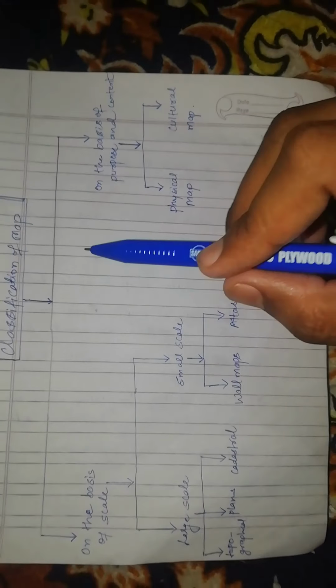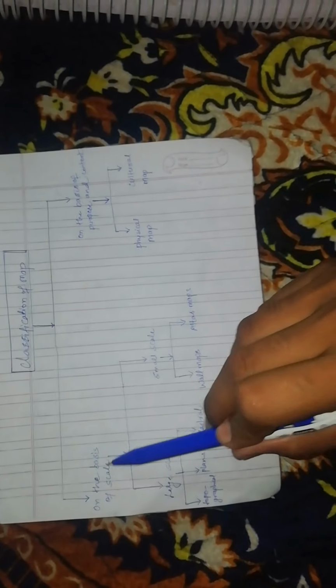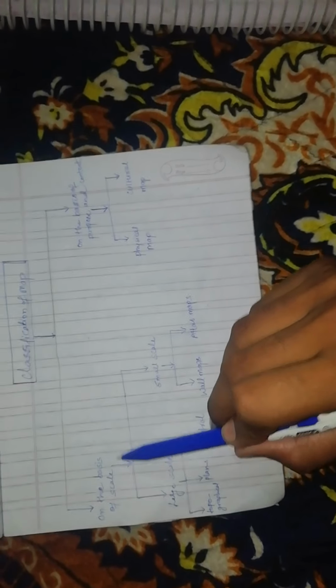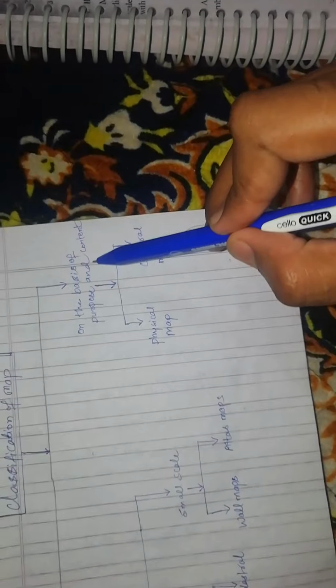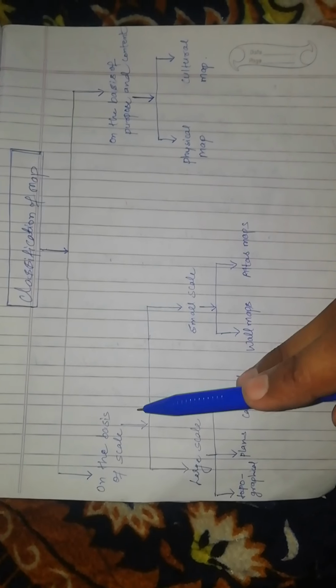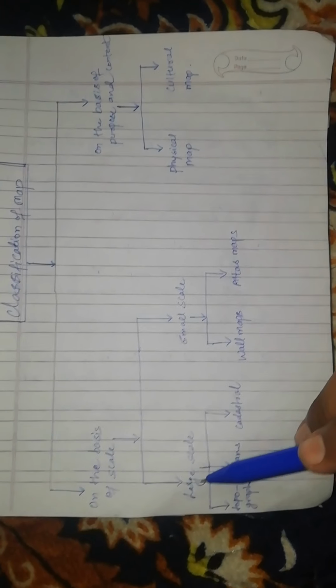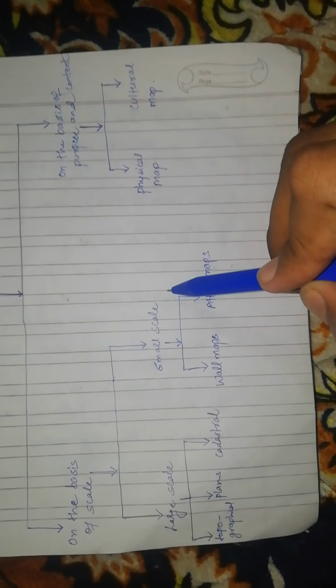Classification of map. First the map is classified on the basis of scale and then on the basis of purpose and content. On the basis of scale, map is divided into two parts: large scale and small scale.